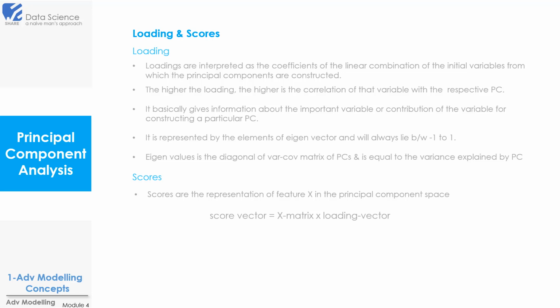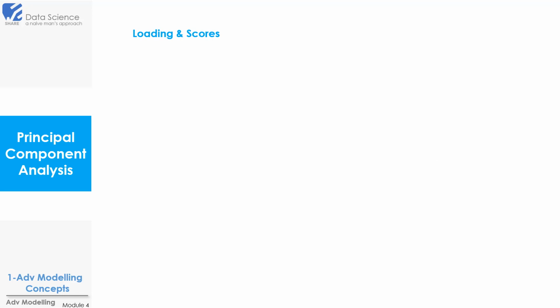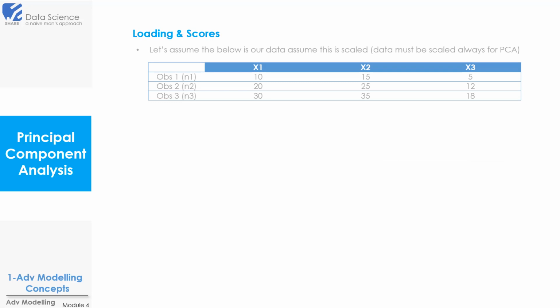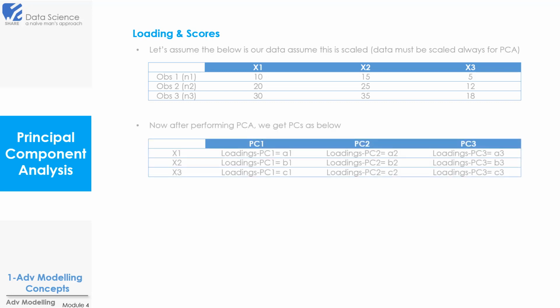Let's understand it through an example. Let's assume below is our data, and let's assume that this is scaled. Now after performing PCA, we get our PCs as below. Each element of a PC is a loading.